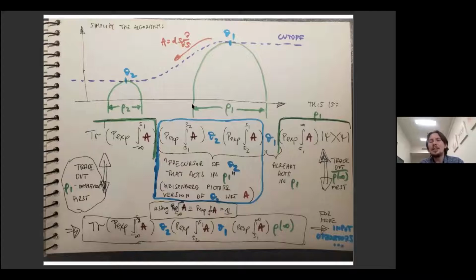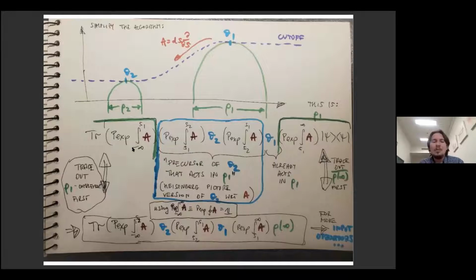and first take it over the complement of this region. This will produce what I call rho 1 here. It will just take the density matrix for just this little region, and then these Wilson lines just guarantee that I could have taken this rho 1 and brought it to any arbitrary point, to any other entanglement wedge which is tangent to the cutoff.